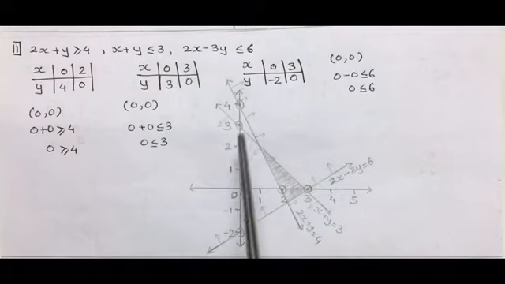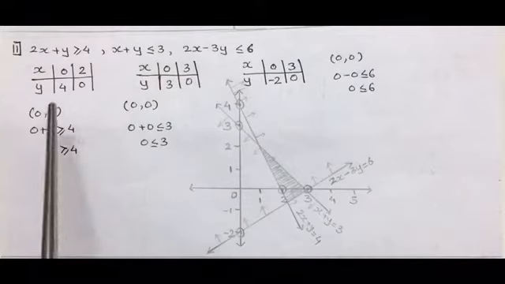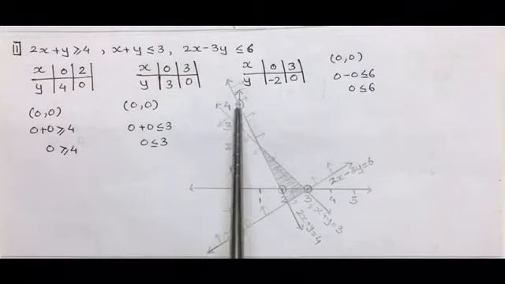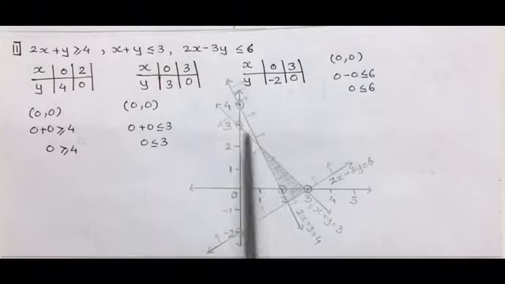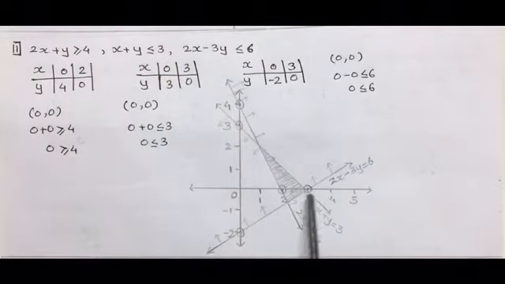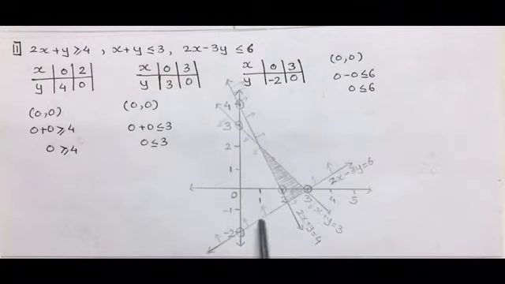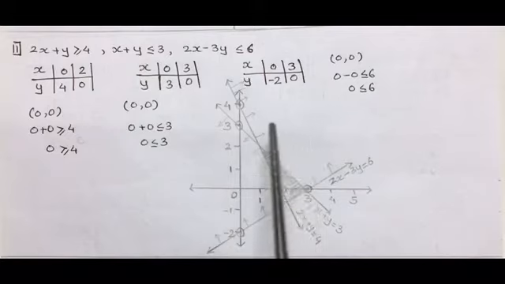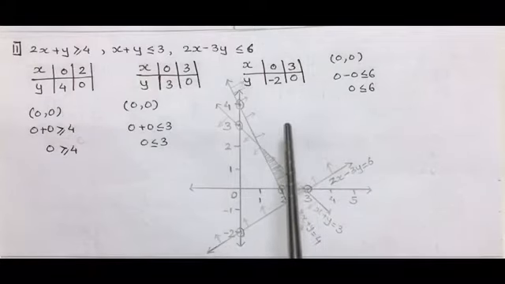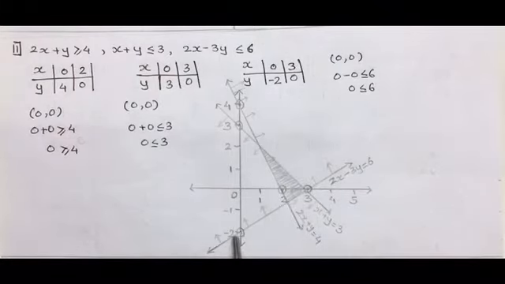So now drawing the lines. For the first one, (0, 4) and (2, 0) are connected, and dotted lines are not to be drawn because all the inequalities have the equal to sign. Drawing the second line (0, 3) and (3, 0), and the third line (0, minus 2) and (3, 0).